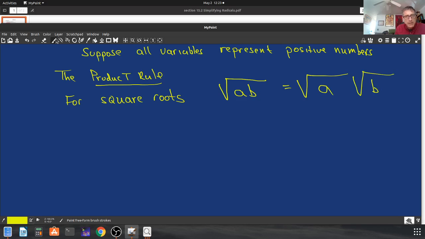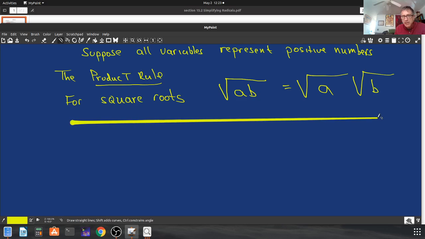And the next one I'm going to give you is called the quotient rule. So the quotient rule, and I just misspelled that, I before E except after C, right?